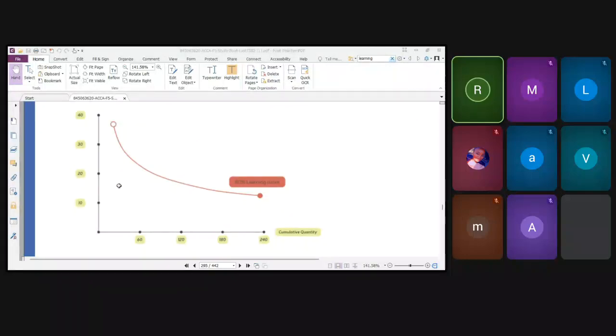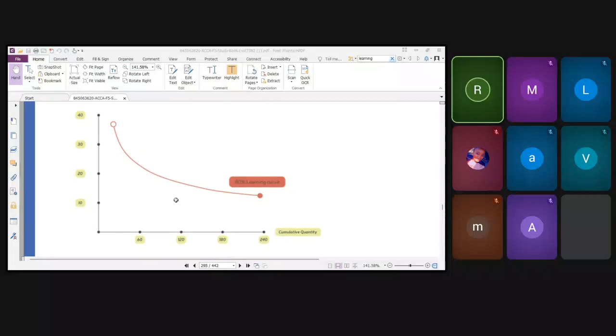Now, doubling 1, we double to 2. The second unit took 90 hours. So total is previous total plus the current time taken, 190. Average is 190 divided by units, you get 95.